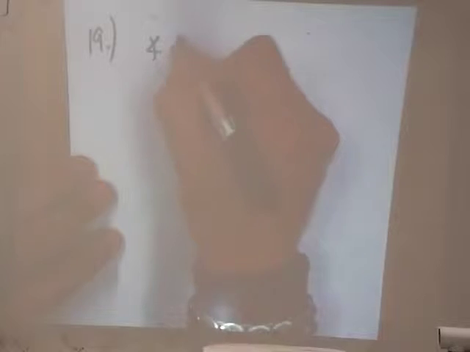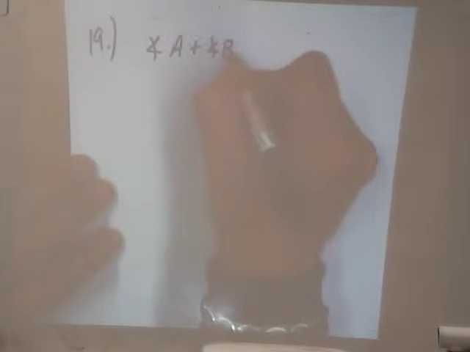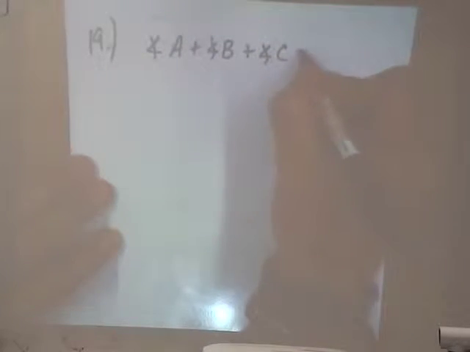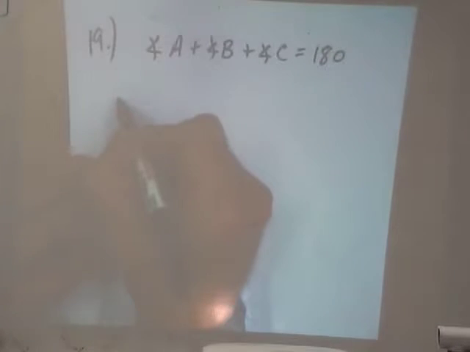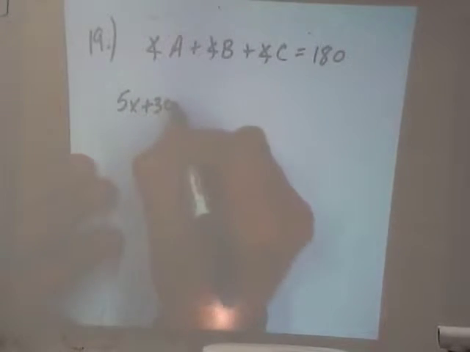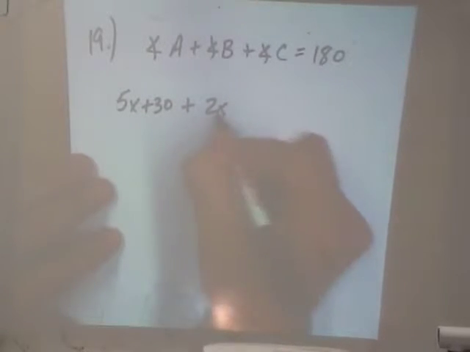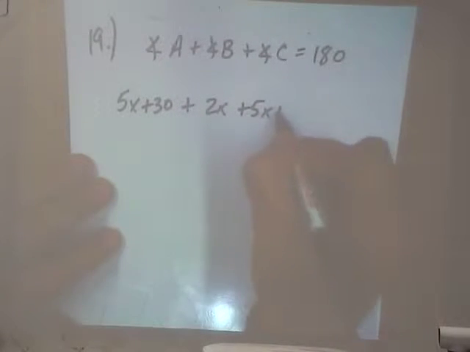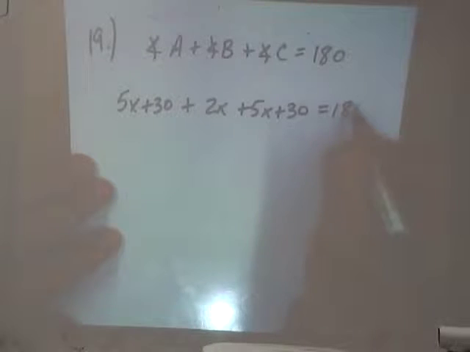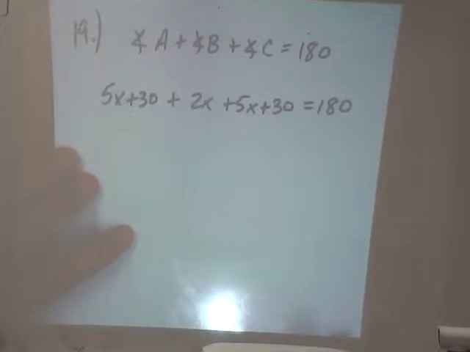This is number 19. So we know angle A plus angle B plus angle C has to equal 180. So I'm going to substitute in our values. What can I do on the left-hand side?